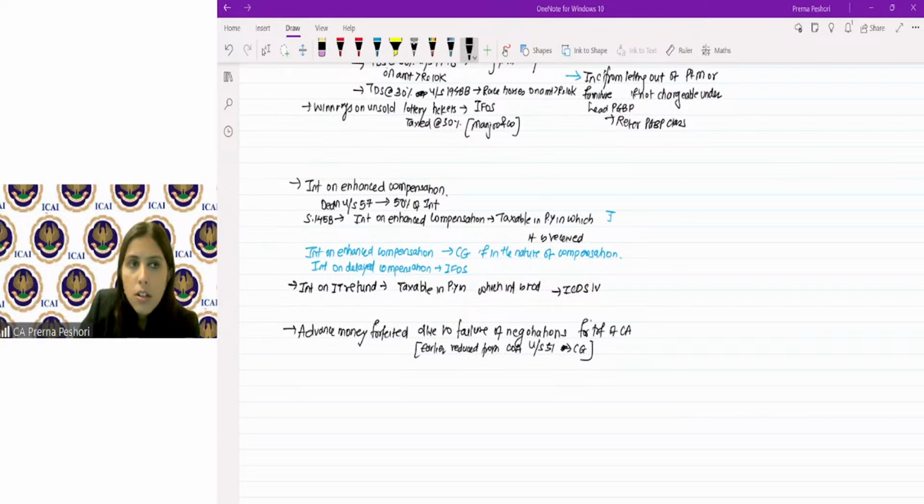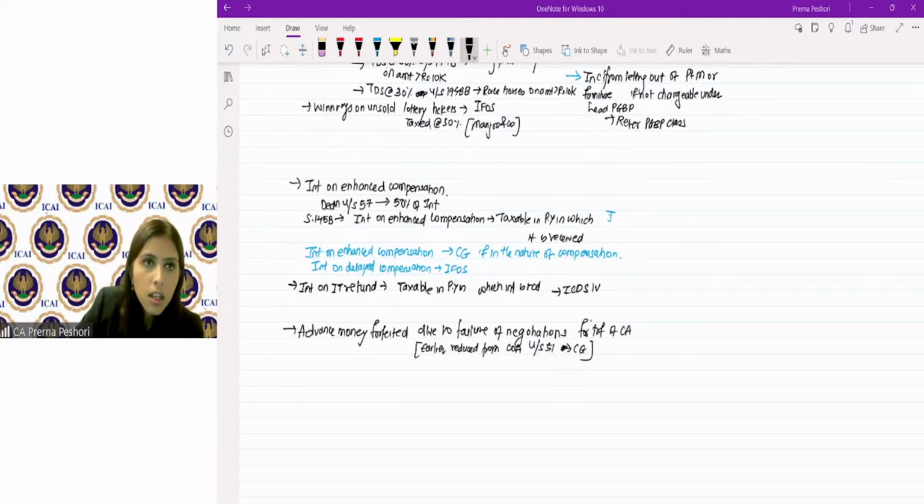Section 36(1)(va). What did we discuss there? Students, faster, give me the answers. Nobody is answering.